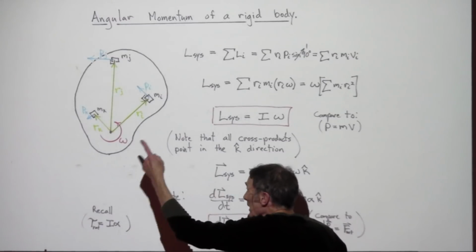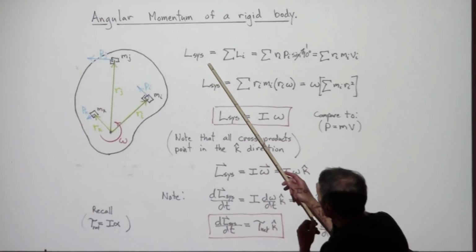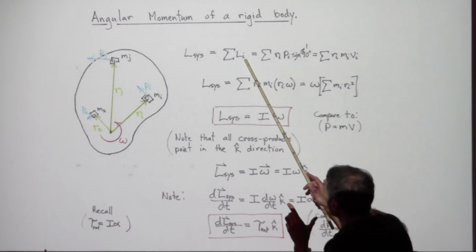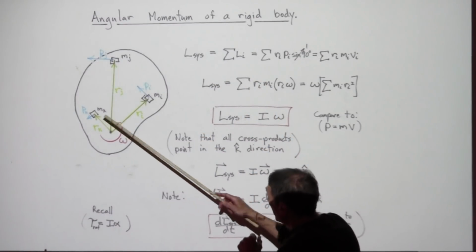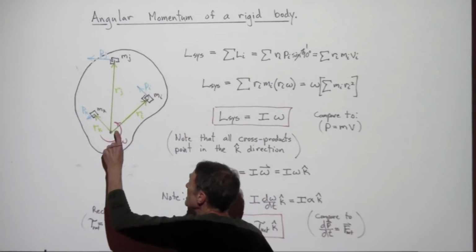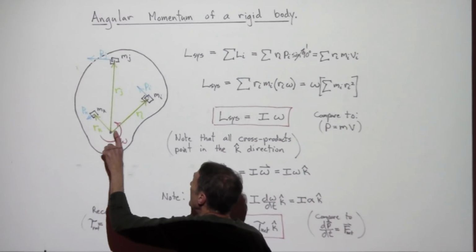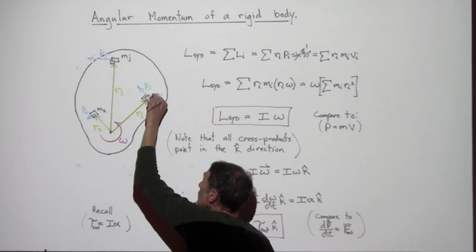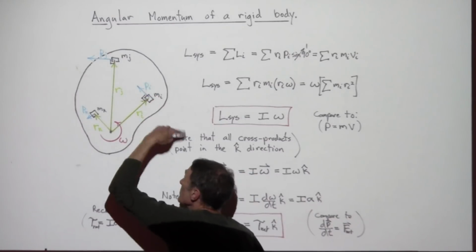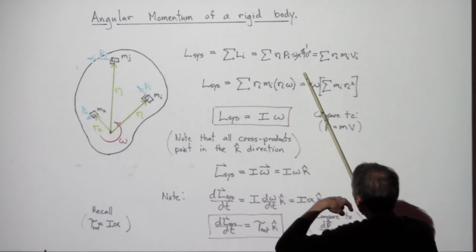So it's spinning with some constant value. The angular momentum of the system is really the sum of the individual angular momentums. Here's where you can go back and say, for this piece, the ith piece, there's some r. We're going to be rotating around this point. It's got some momentum that's going to be at right angles to r, because it's going to be all tangential motion as this thing goes into circular motion.